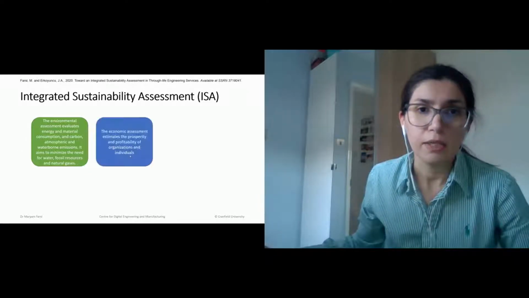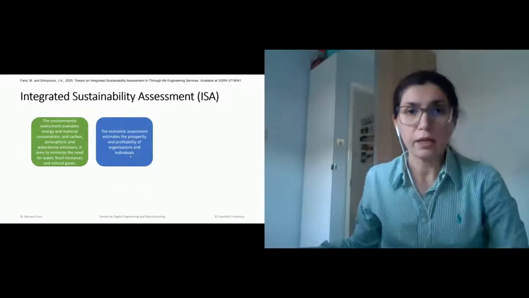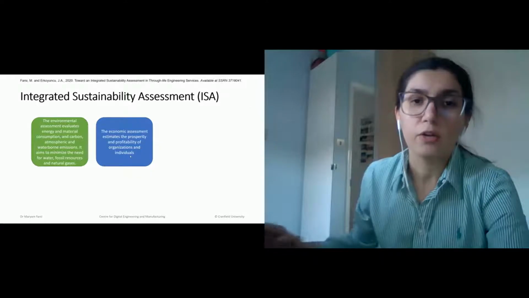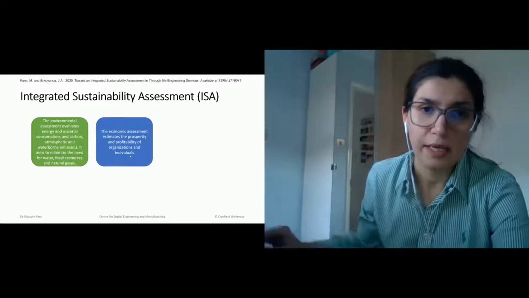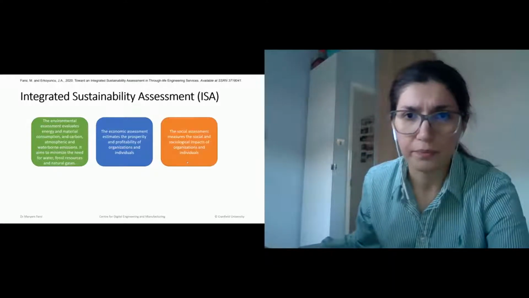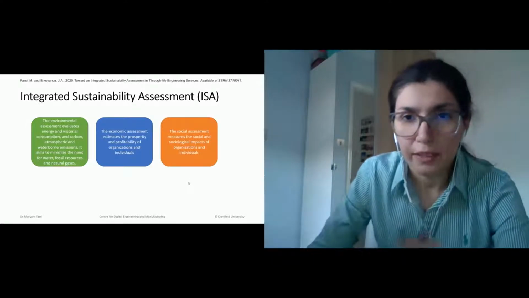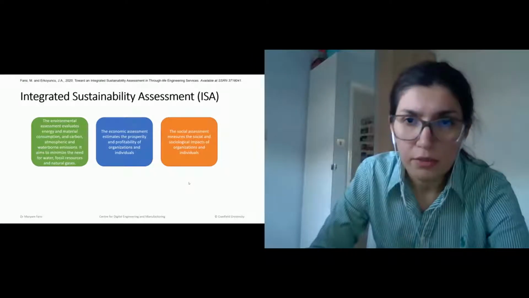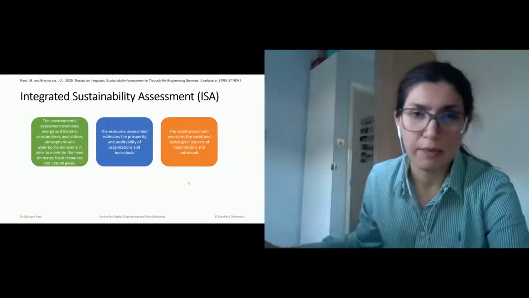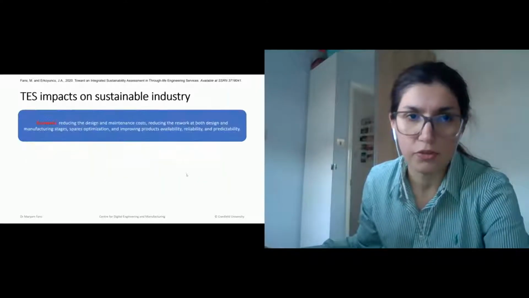In the economic pillar, when we assess the impacts, we are going to estimate the prosperity and profitability of organizations and individuals. And in a nutshell, when we are looking at the social assessment, we are going to measure the social and psychological impacts of the organizations and individuals.